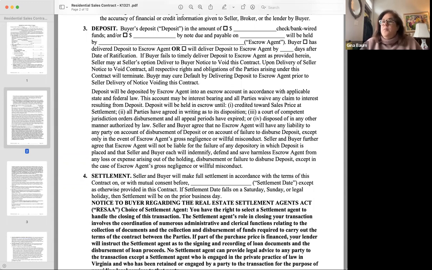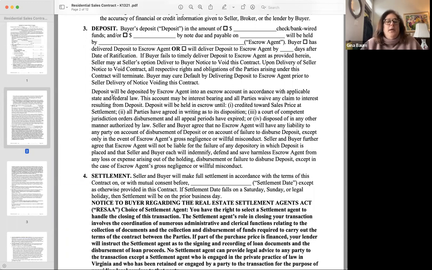Now, if the buyer hasn't delivered the EMD and let's say 7 days go by and the seller hasn't voided the contract, then the buyer may cure default by delivering deposit to escrow agent prior to the seller's delivery of notice voiding this contract. So if the seller never sends a void and the buyer 10 days later sends in their EMD, then the contract is in full force and effect.